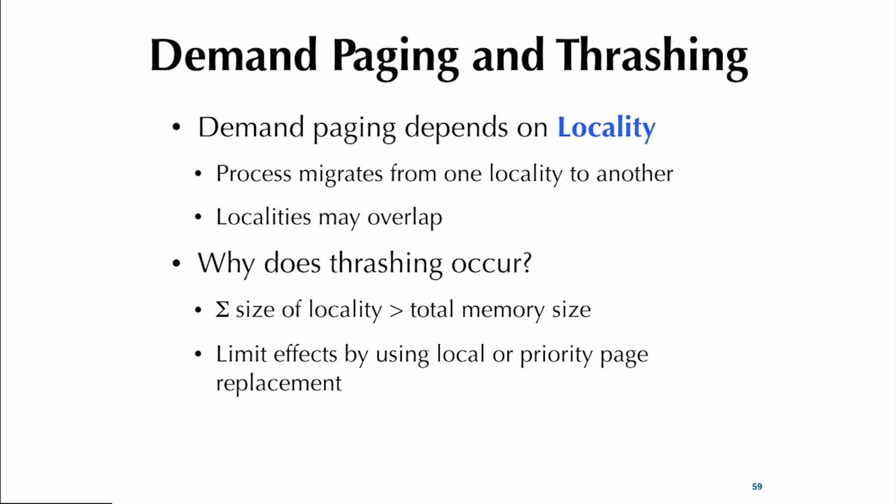Or if you have local allocation, that can do good things or bad things to thrashing. Why? Because it actually is better to prevent thrashing, because what can be thrashing is limited to that process. That process is not making a lot of progress, so that means the OS can context switch to another process.